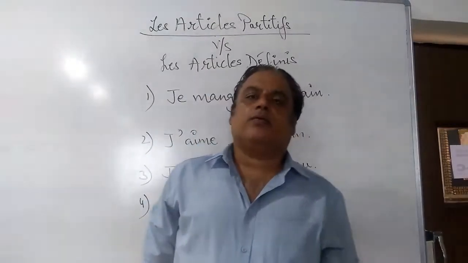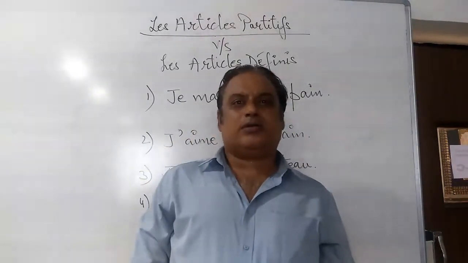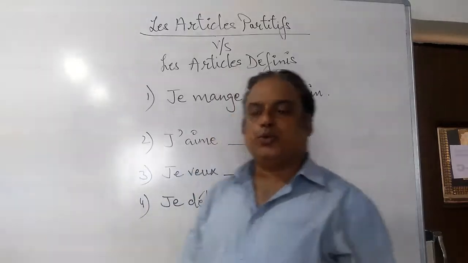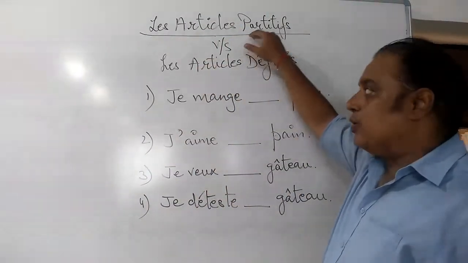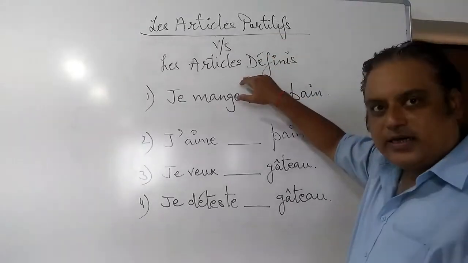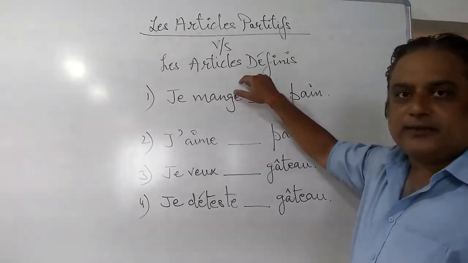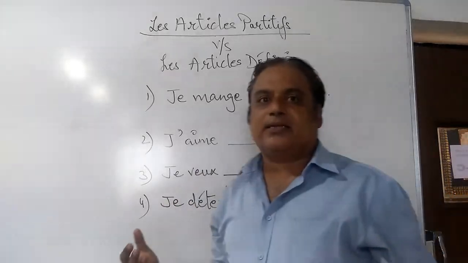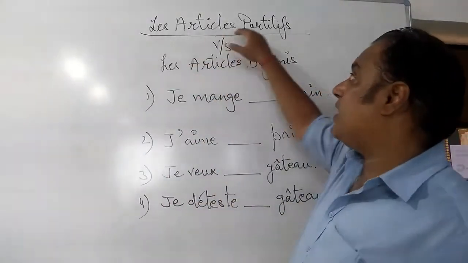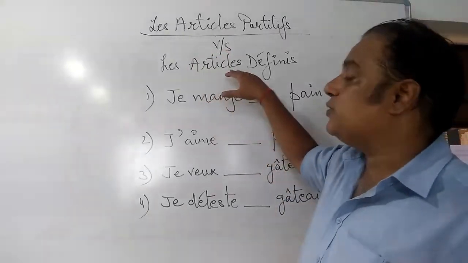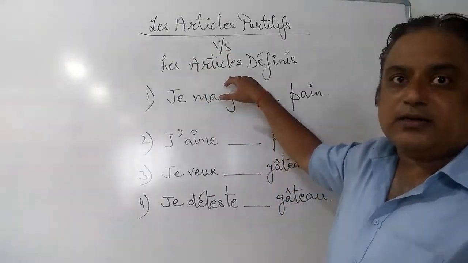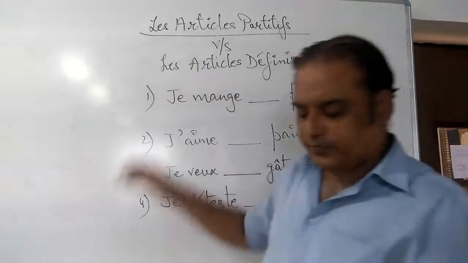Now at times we come on to a situation wherein we need to choose whether to use the partitive article in the sentence or to use the definite article in the sentence. There are some sentences wherein we cannot use partitive articles, and there are some sentences wherein we need to use the definite articles, or the other way around.